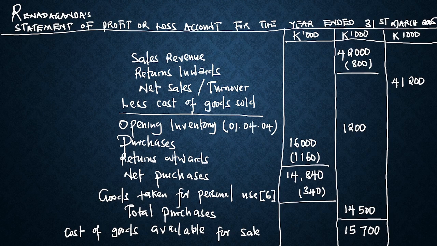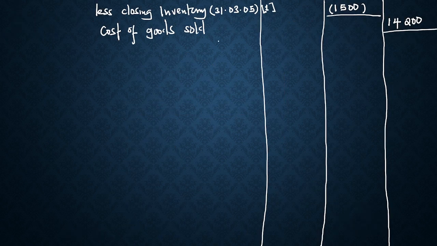Remember, we're subtracting the cost of goods sold from your net sales, so that we can find our gross profit. We are getting 27,000.